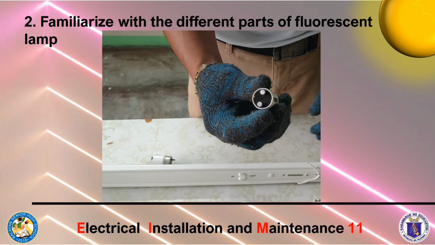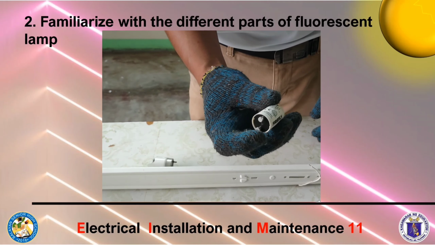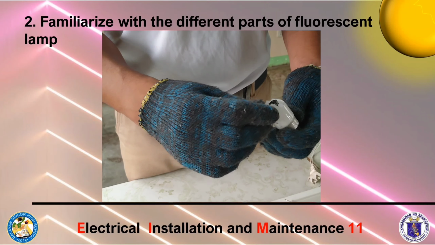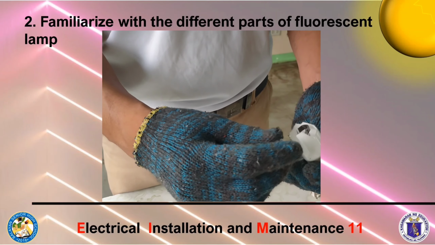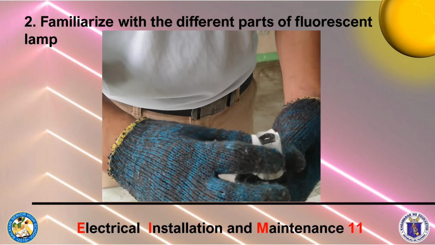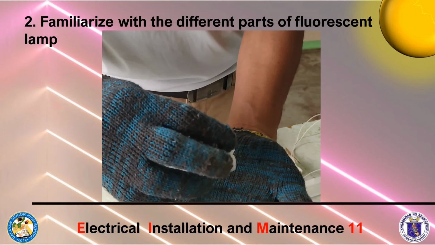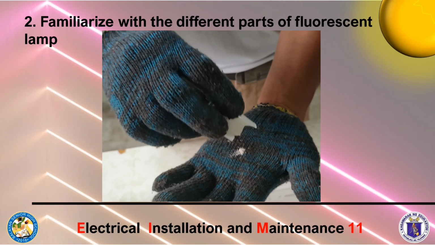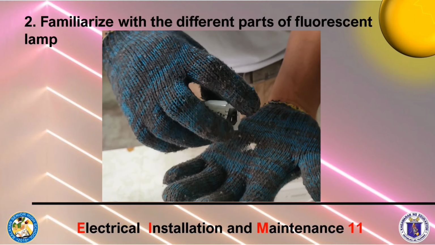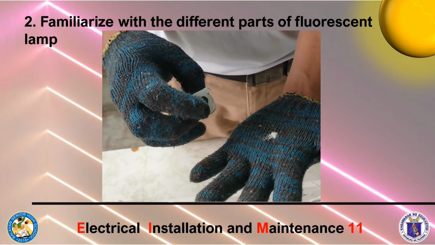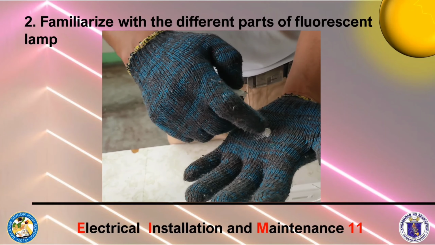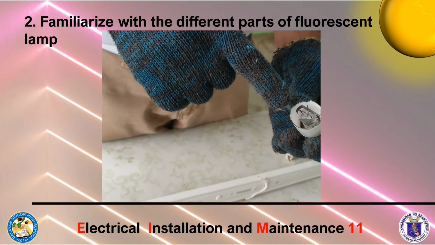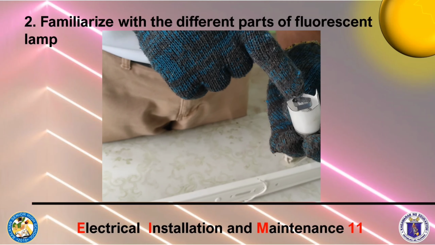We have the starter. The inner part of a fluorescent lamp is the phosphor coating. The chemical powder, and the inner part of the electrodes.